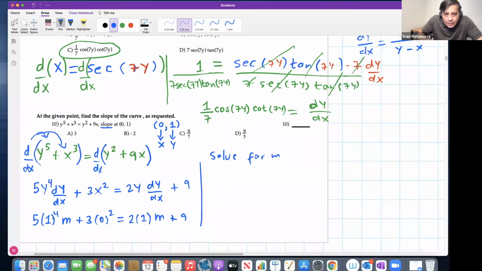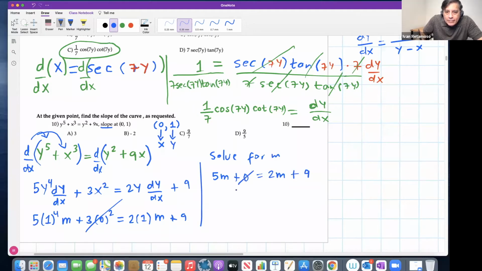All right, look, 1 to the 4th power 1 times 5m there, plus 3 times 0 squared 0, this whole thing 0 disappears, twice m plus 9, right? Plus 9.